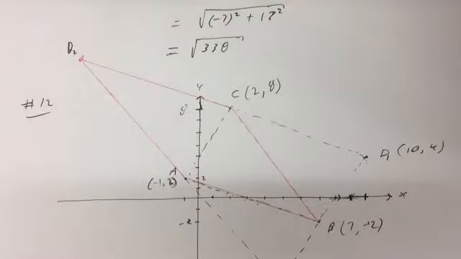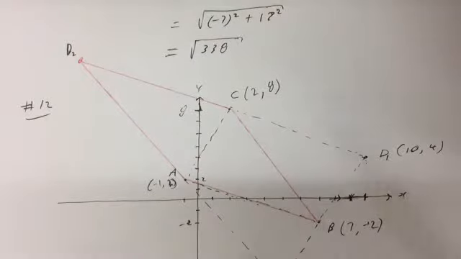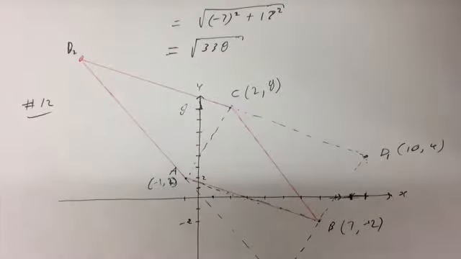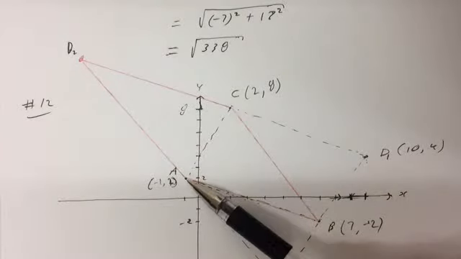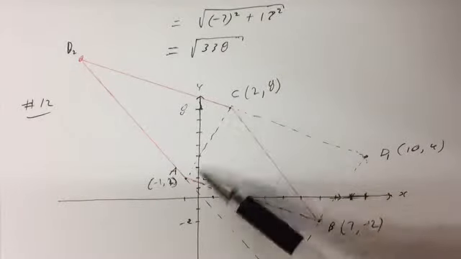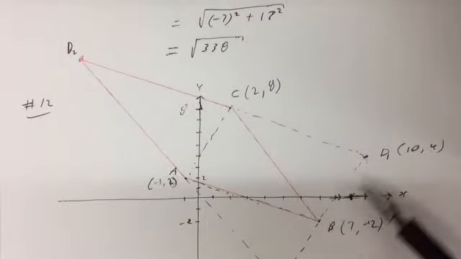Now, another way, and probably the most important way, to get point D, D1, D2, or D3, is to use vectors. The vector from A to C, so vector AC, is going to be the same vector as from B to D1.